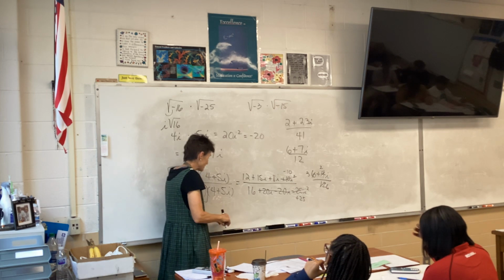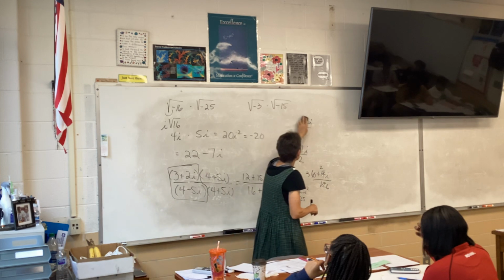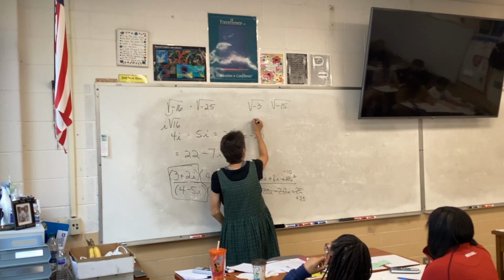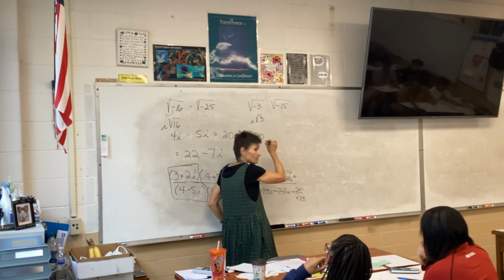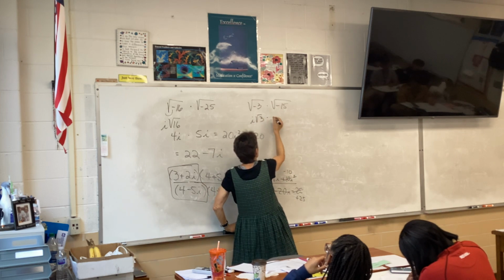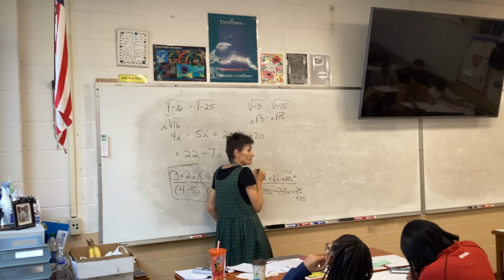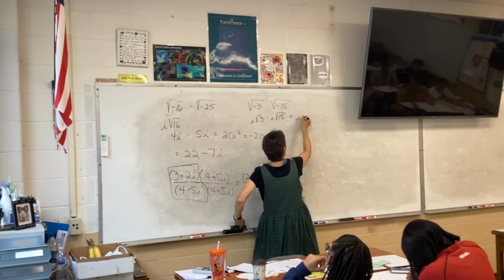This one is identical. So we're going to have i radical 3 times i radical 15. And I'm still going to have my i squared.